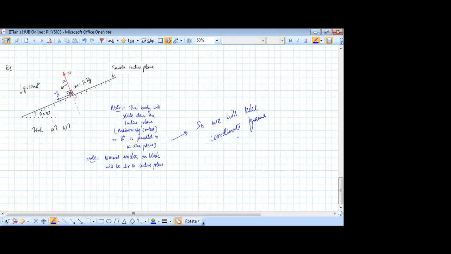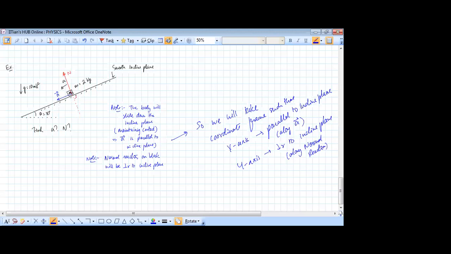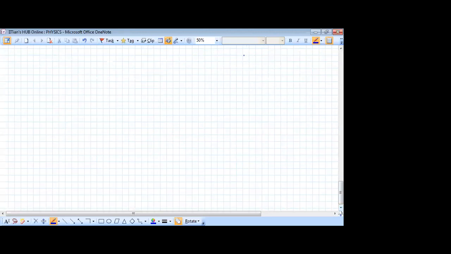We will take the coordinate frame such that the x-axis will be parallel to the inclined plane, along the acceleration vector, and the y-axis will be perpendicular to the inclined plane, along the normal reaction. So this is what we'll implement to solve the problem.